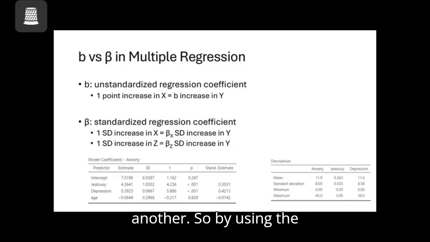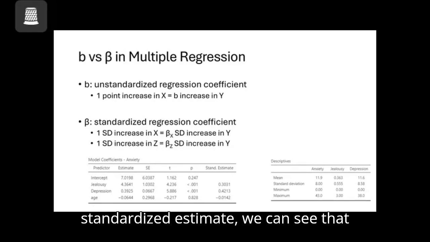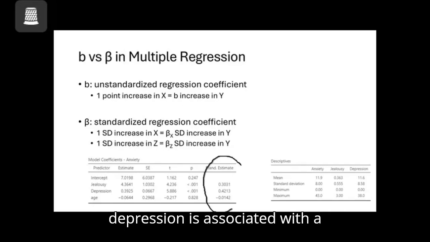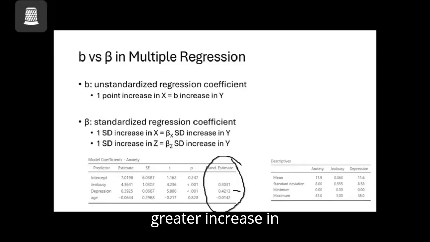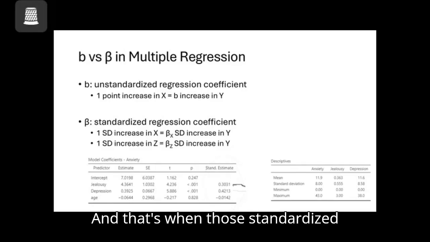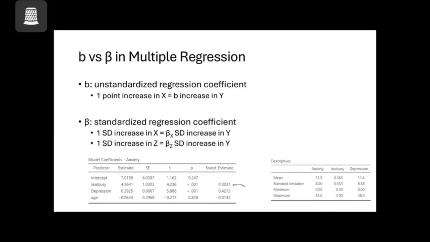So by using the standardized estimate, we can see that depression is associated with a greater increase in anxiety than jealousy is, meaning that depression has a greater association, a greater tie to anxiety levels than jealousy does. And that's when those standardized regression coefficients are really important.